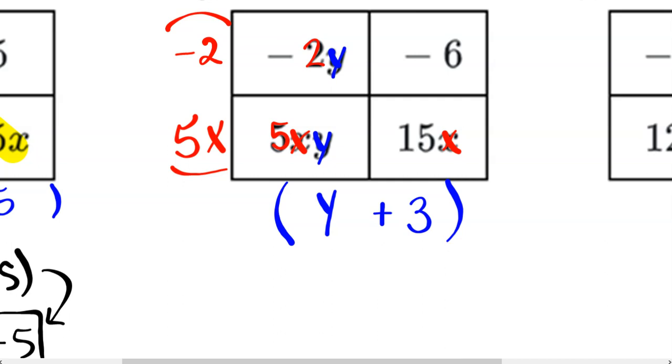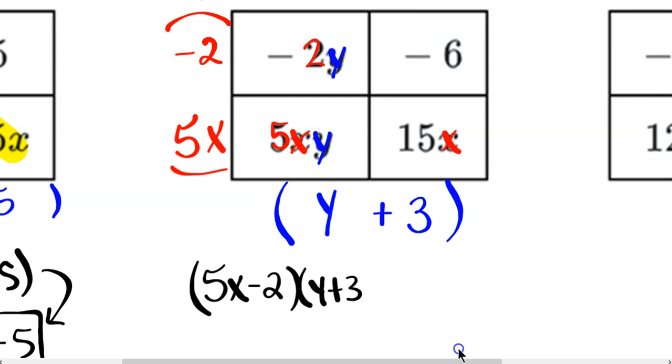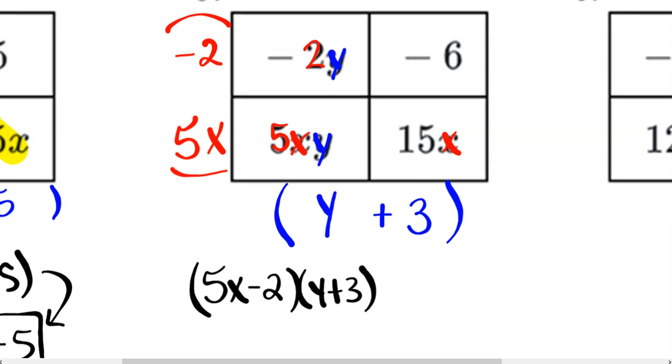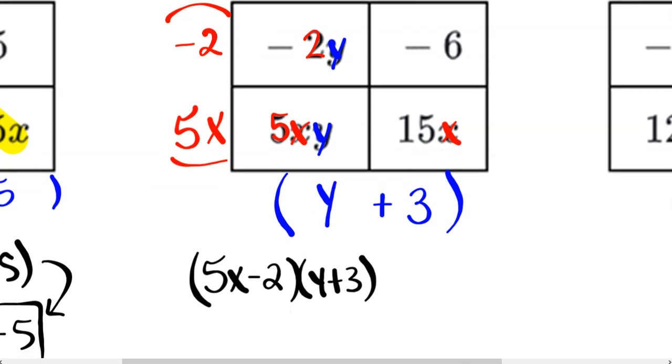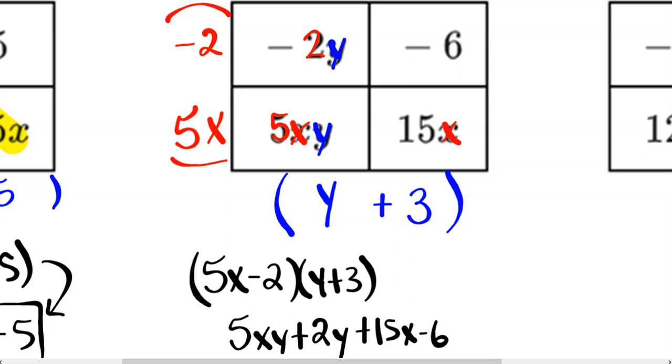Okay, so now we have 5x minus 2 times y plus 3. And that ends up equaling our area, which is 5xy plus 2y plus 15x minus 6. And there's no like terms with this.